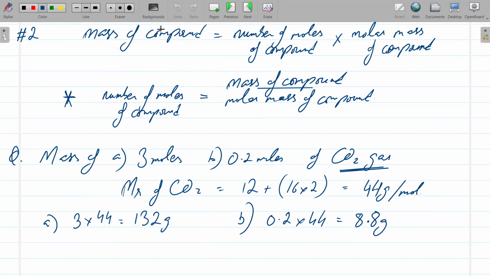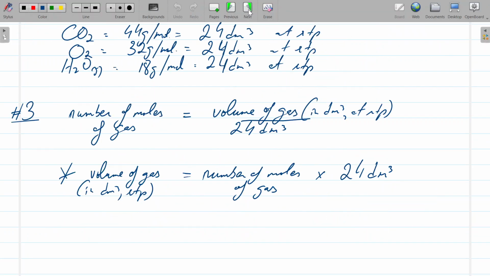Exactly, and so mass of a compound is number of moles multiplied by the molar mass. So these equations are helpful. It's sort of logical as well, even if you don't remember, but you understand the concept, and so you can put 2 and 2 together, right? Just like Haram did.